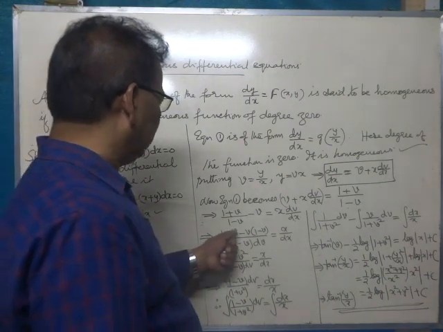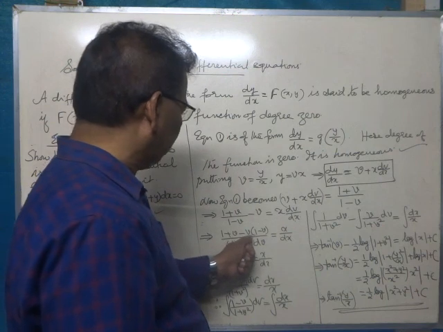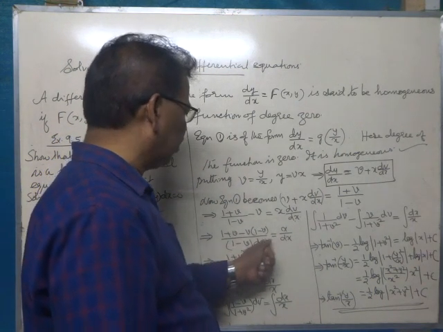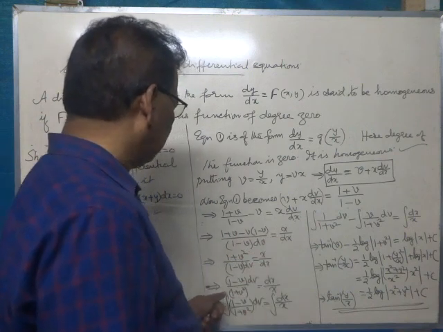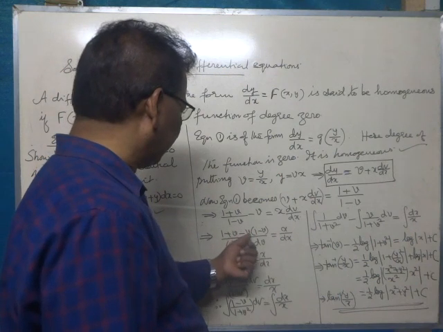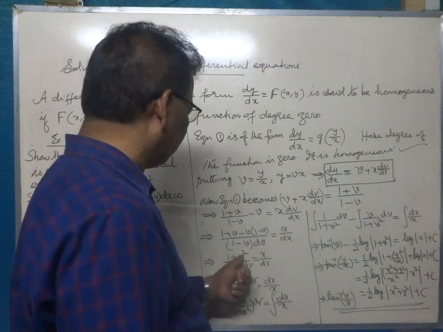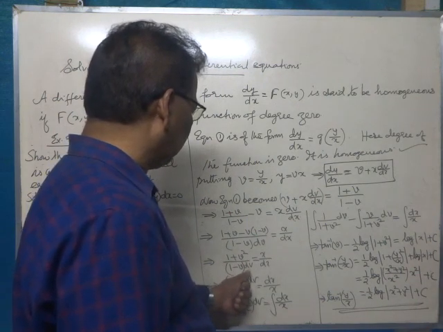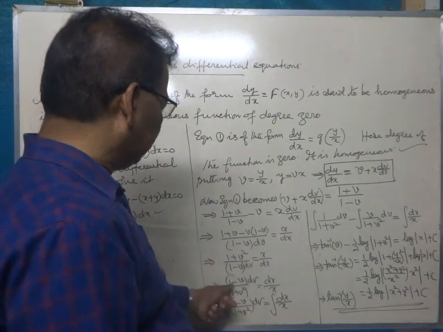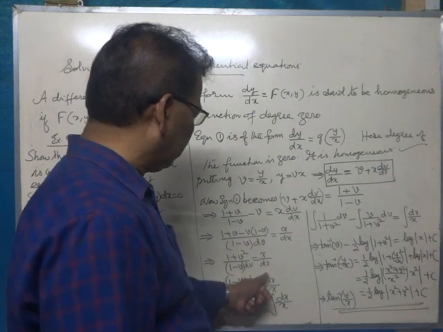Now simplifying, (1 plus v minus v into (1 minus v)) divided by (1 minus v) is x dv by dx. On opening, 1 plus v minus v, plus v and minus v cancel, minus v into minus v is plus v square, that is (1 plus v square) by (1 minus v) equals x dv by dx. Now we shall take the reciprocal, that is (1 minus v) by (1 plus v square) dv will be equal to dx by x.